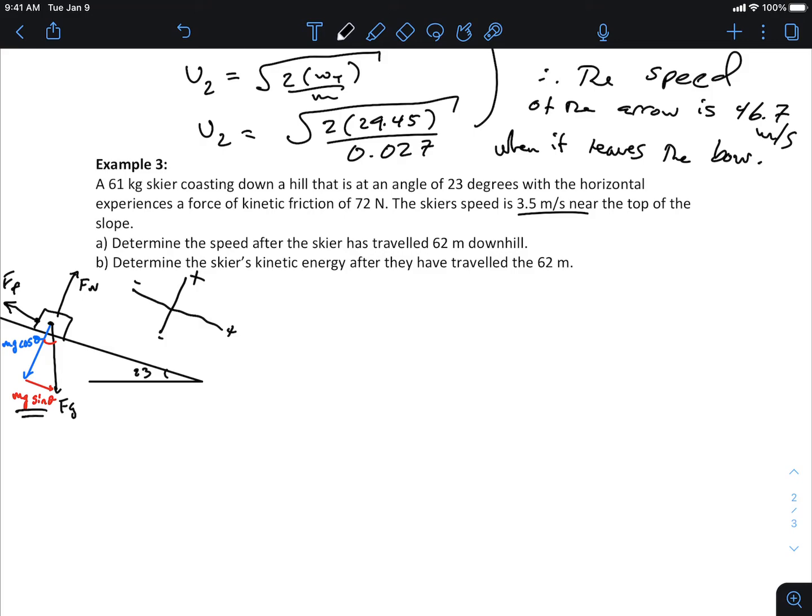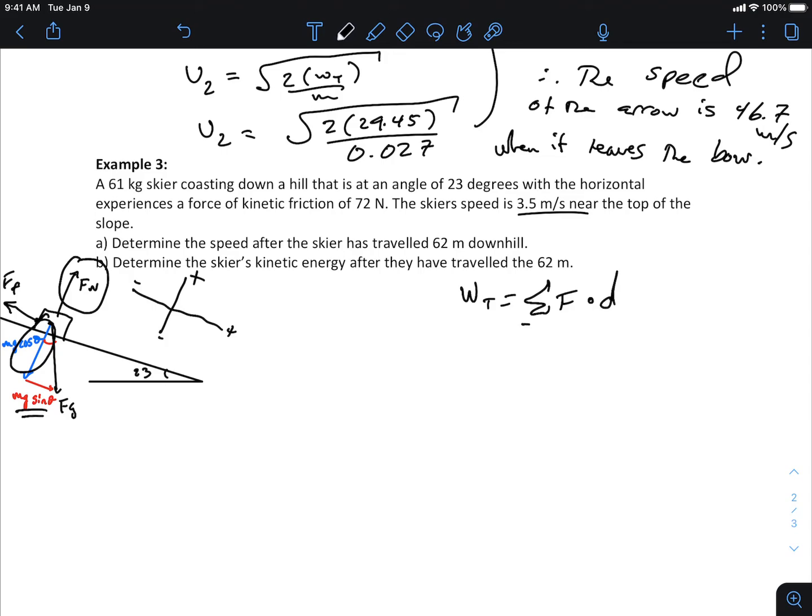I don't care about the normal force and this mg cos theta, as we learned this morning. They're perpendicular to the direction of motion. So the cosine of the angle would be either 90 or 270, both of which would create a 0 for that force term. They're not doing anything for the work, right? And so when I look at the sum of the forces, the total work has to be equal to the sum of the forces multiplied by the distance or displacement that those forces are being applied on, right?